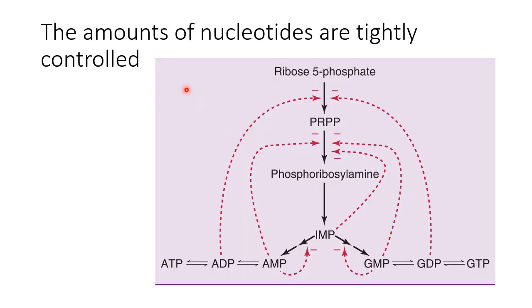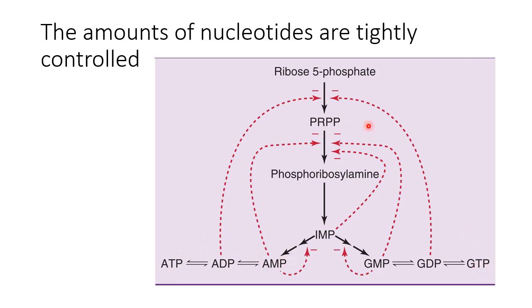Next, the amounts of nucleotides in the human body are tightly controlled, which means that usually in the physiologic or normal state, the levels of adenosine, guanosine, cytidine, and thymidine are kept in constant amounts. And this is through negative feedback. So you have here an abbreviated pathway for the synthesis of your nucleotides, ATP and GTP.